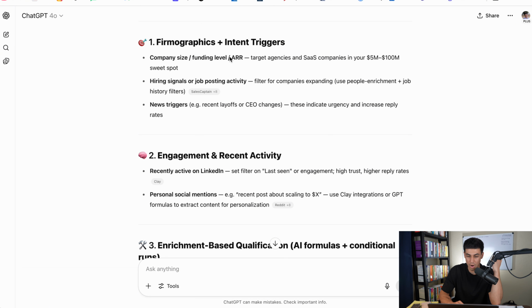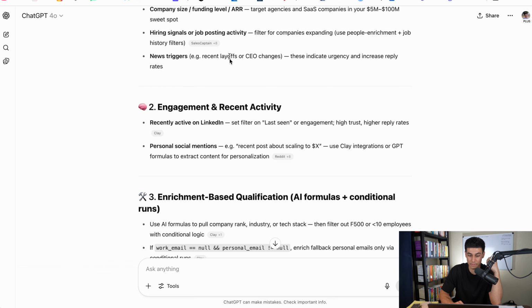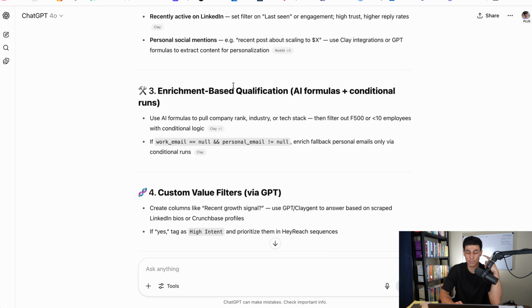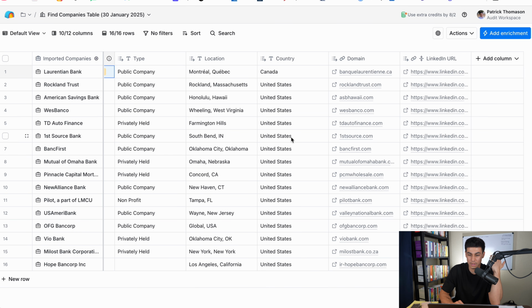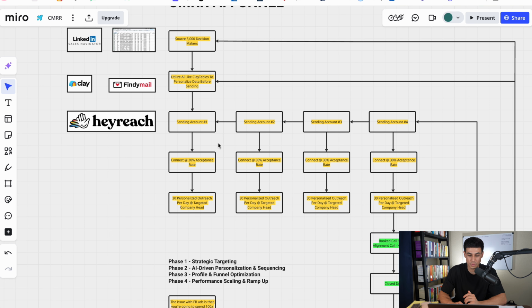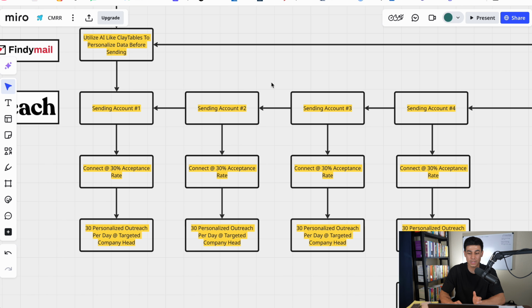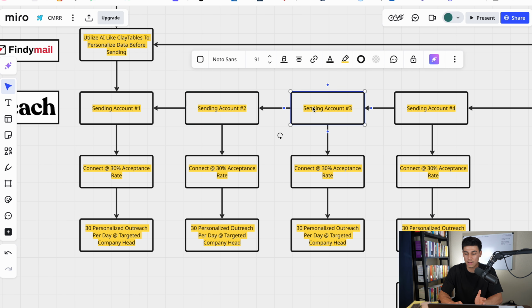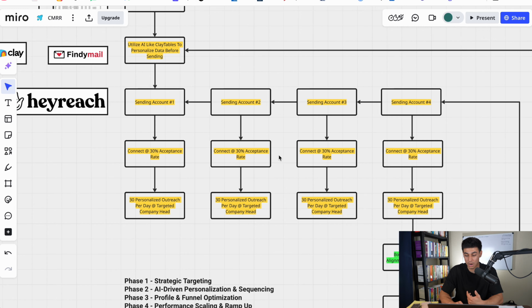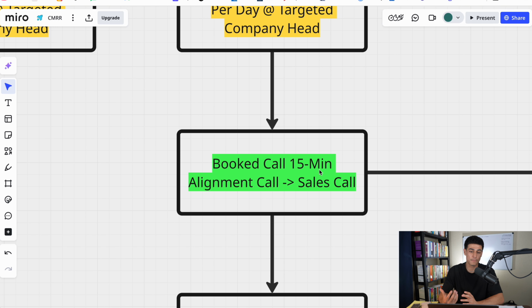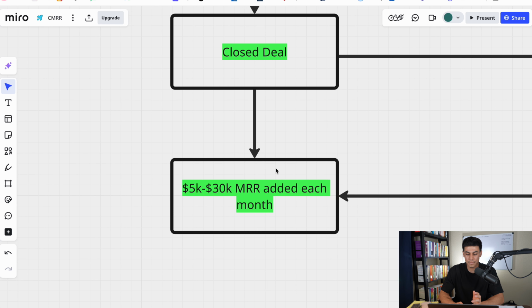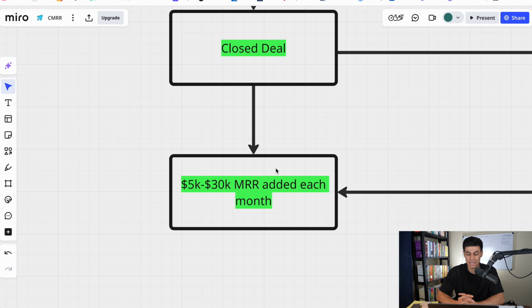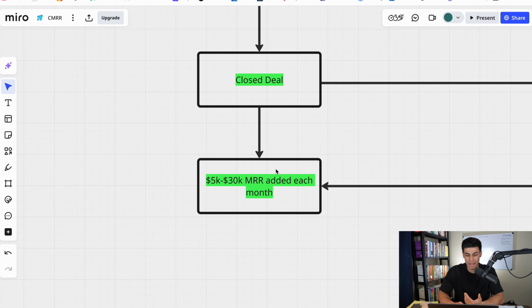So just to review, obviously we're using intent triggers based off engagement, based off qualification, based off where the company is at in their maturity phase, using Clay tables to then insert into HeyReach into multiple different sending accounts. And then to obviously outreach to these prospects, book a 15-minute alignment call or just book a sales call as a whole, close a deal, and then add $5K to $30,000 in MRR each month. This is kind of the end result of this Create MRR AI funnel.